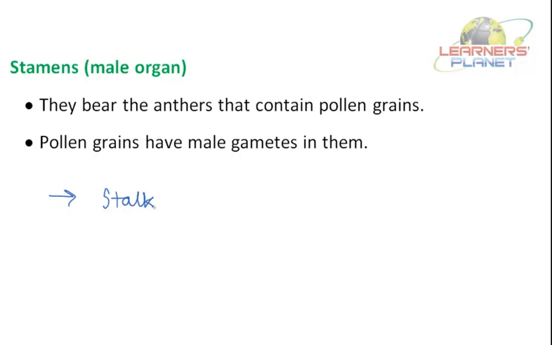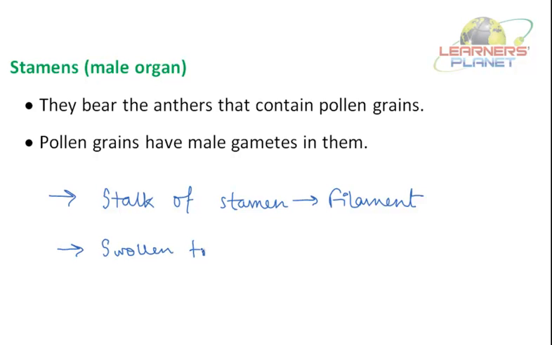The stalk of the stamen is called filament, while the swollen top of the stamen is called anther. It is actually the anther of a stamen which makes the pollen grains and stores them.